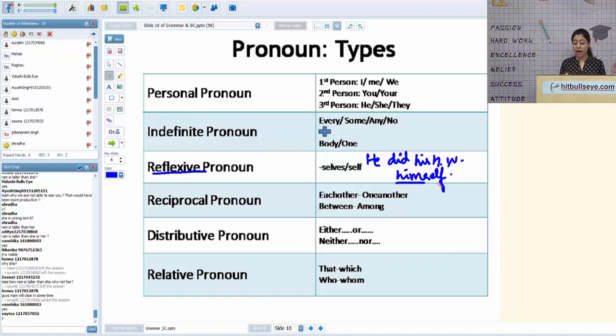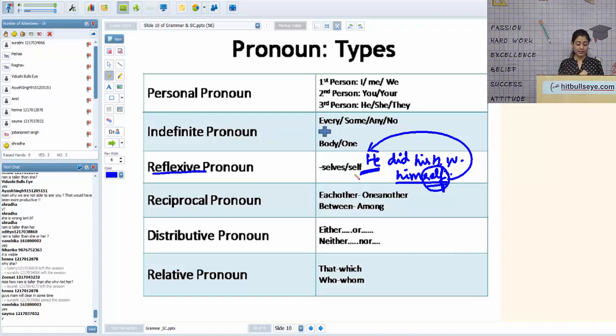So you see how himself, the reflexive pronoun ending in self or selves, is pointing back again to the subject, which is he.